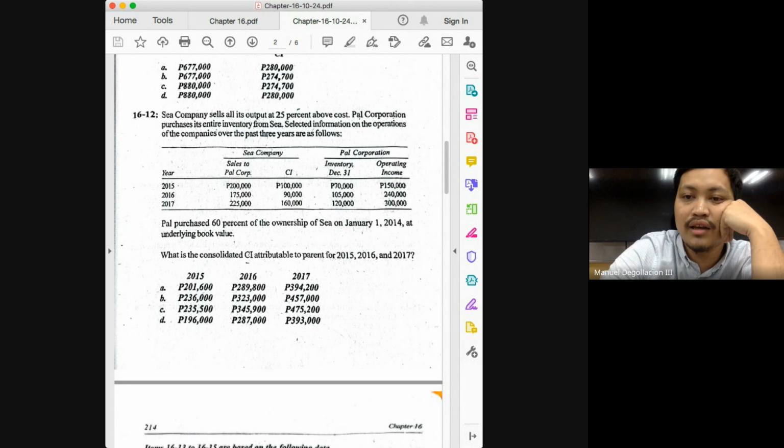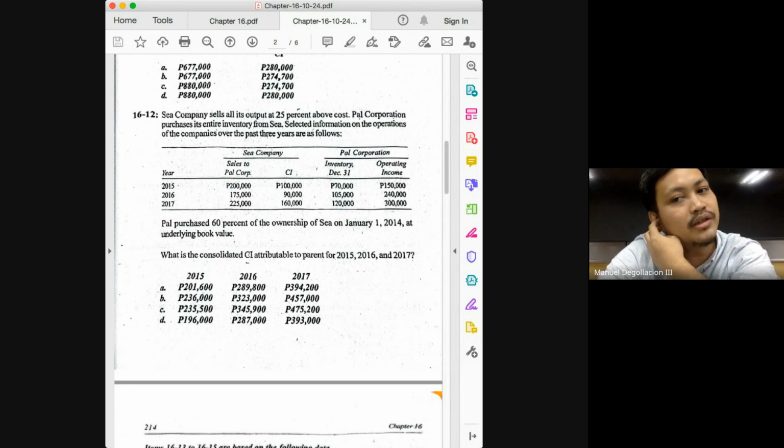How much of the ending inventory of the parent came from the subsidiary? Okay, so all of it comes from the subsidiary. Okay, so that would be 70,000.